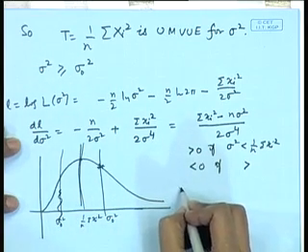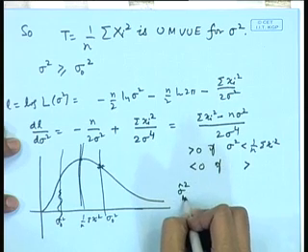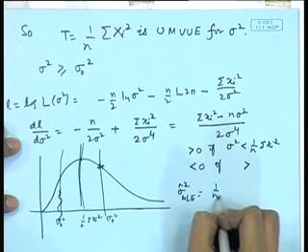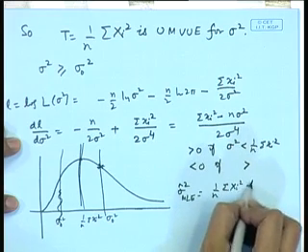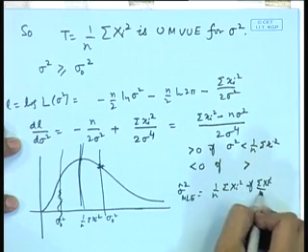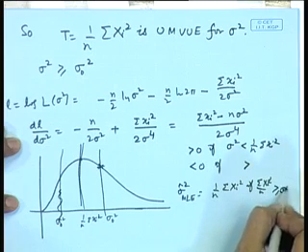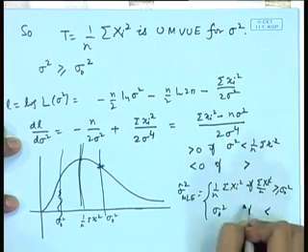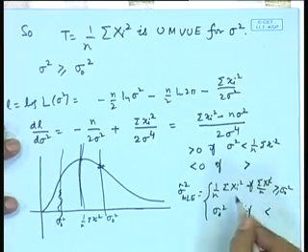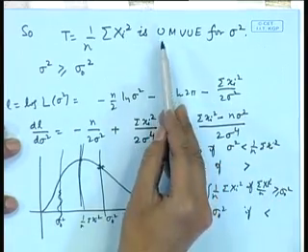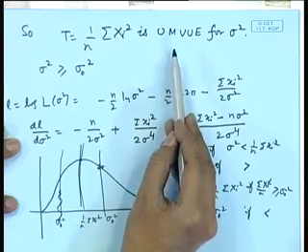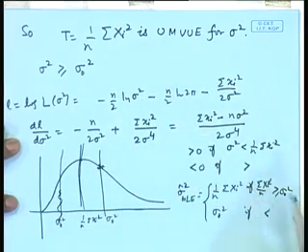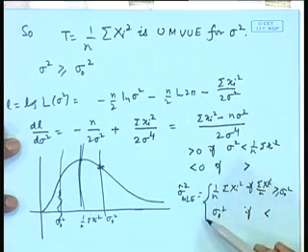Therefore, the maximum likelihood estimator sigma hat square becomes 1 by n sigma xi square if sigma xi square by n is greater than or equal to sigma naught square, and it is equal to sigma naught square if it is less. So, here you can see the unbiased estimator does not belong to the given parameter space. Therefore, we have to discard some portion of it and get a modified estimator.